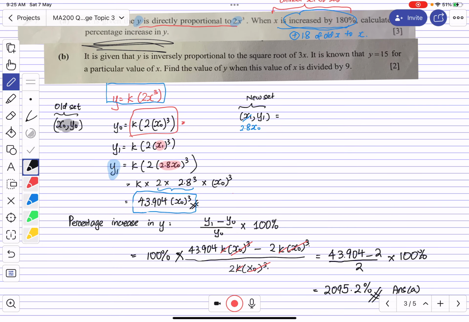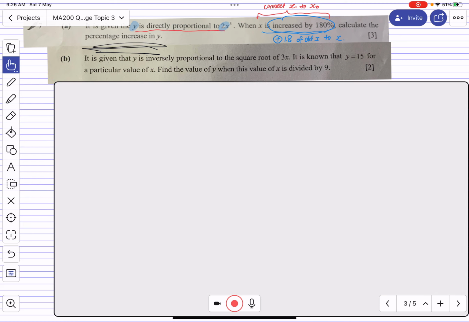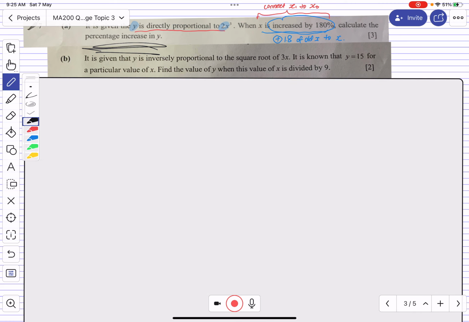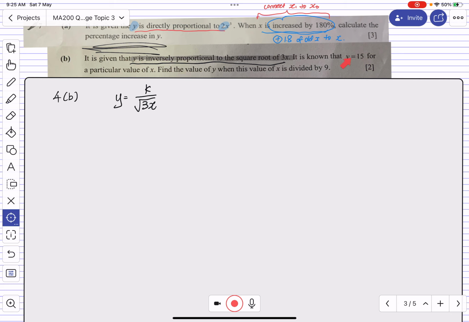So let's look at B. Given that y is inversely proportional to the square root of 3x, again from here, we say that y would be k over square root of 3x. This is just by reading off this equation. It is known that y equals 15 for a particular value of x.